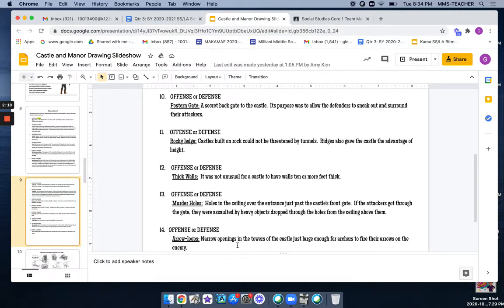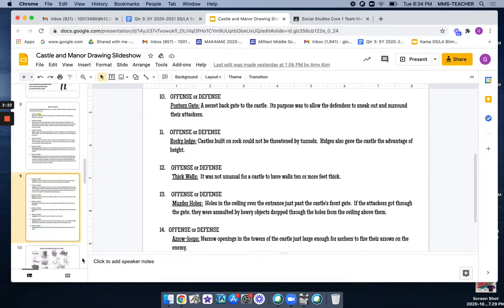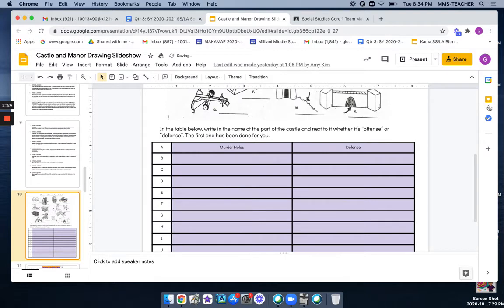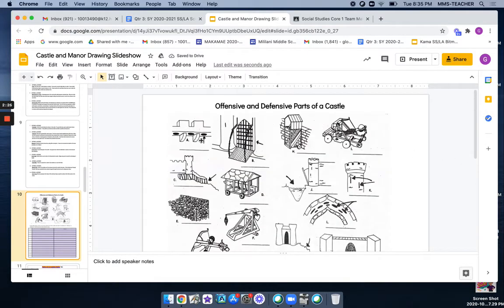Now you're going to look at these descriptions, and based on them, take a look at the illustration. For example, if I look at letter A, I notice that this illustration shows some holes. So I'm going to look at the descriptors and see which one best fits this.